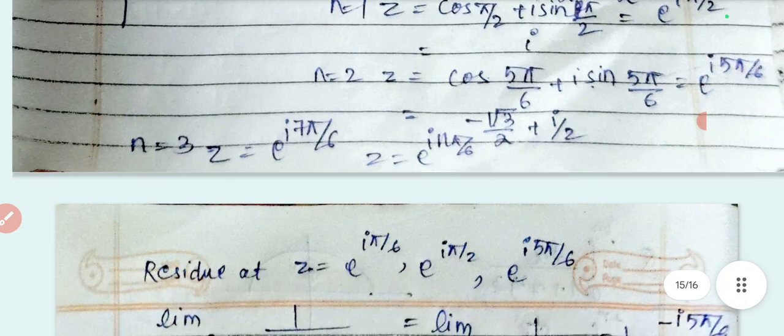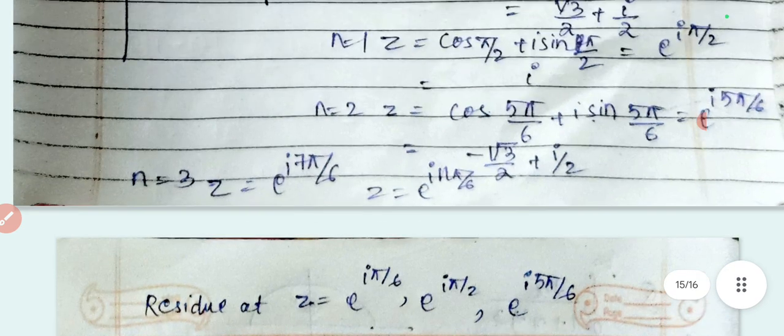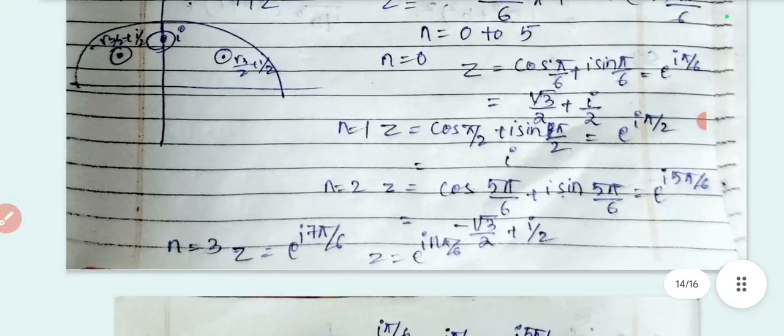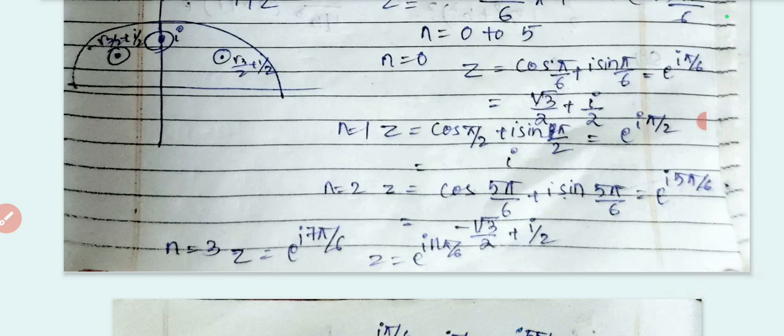Then for n equal to 3, 4, 5, see one thing. This cos 5 pi by 6 equals cos (pi minus pi by 6), that will be minus cos pi by 6, which is minus root 3 by 2 plus i by 2.